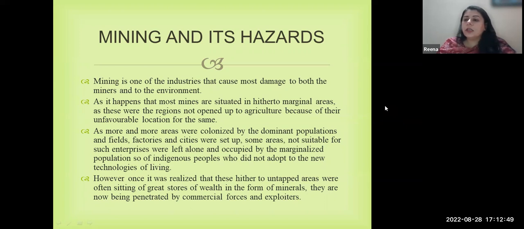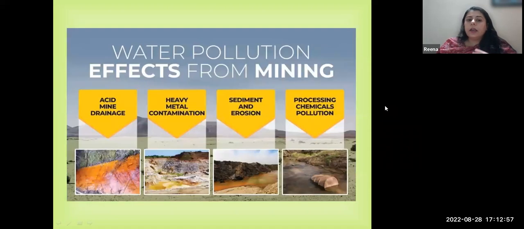In those areas mining is introduced, and major and minor minerals are extracted, which leads to impacts like acid mine drainage, heavy metal contamination, sediment and erosion, and processing chemicals pollution. All these impacts are results of mining operations.